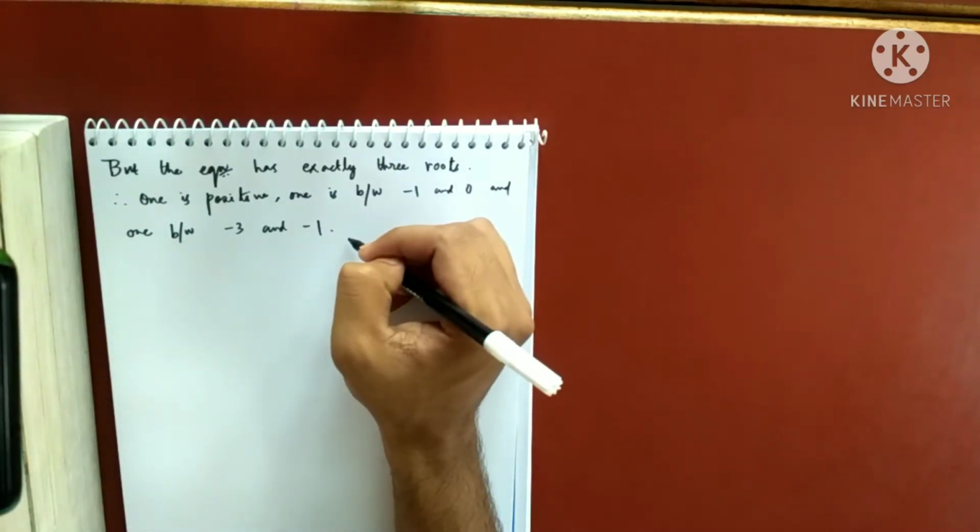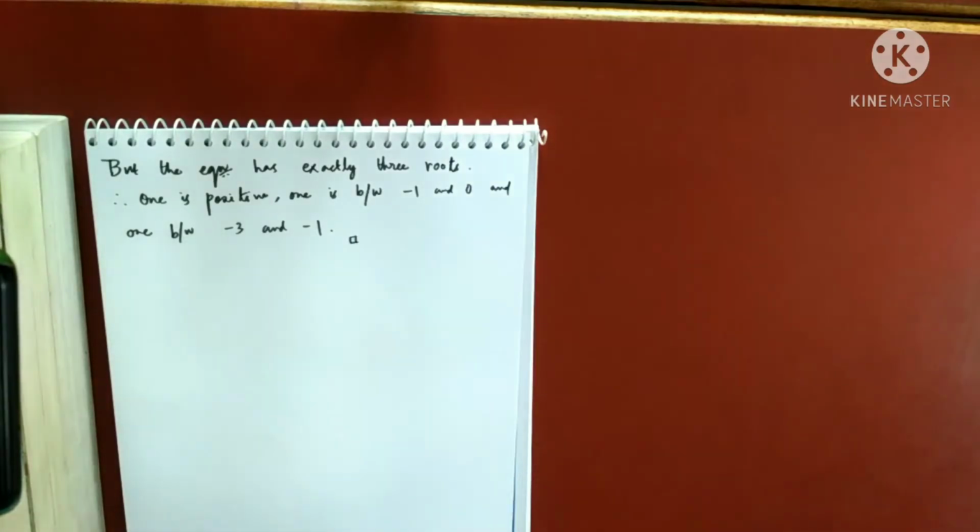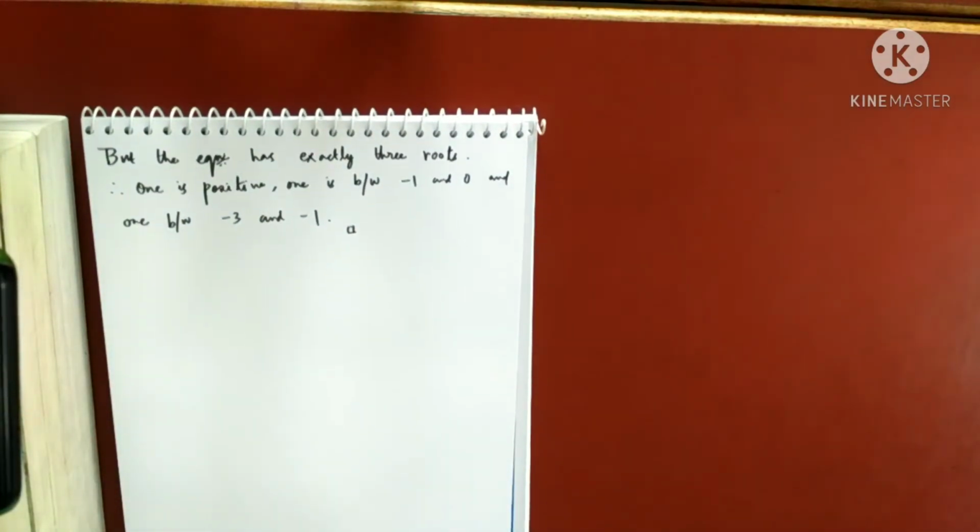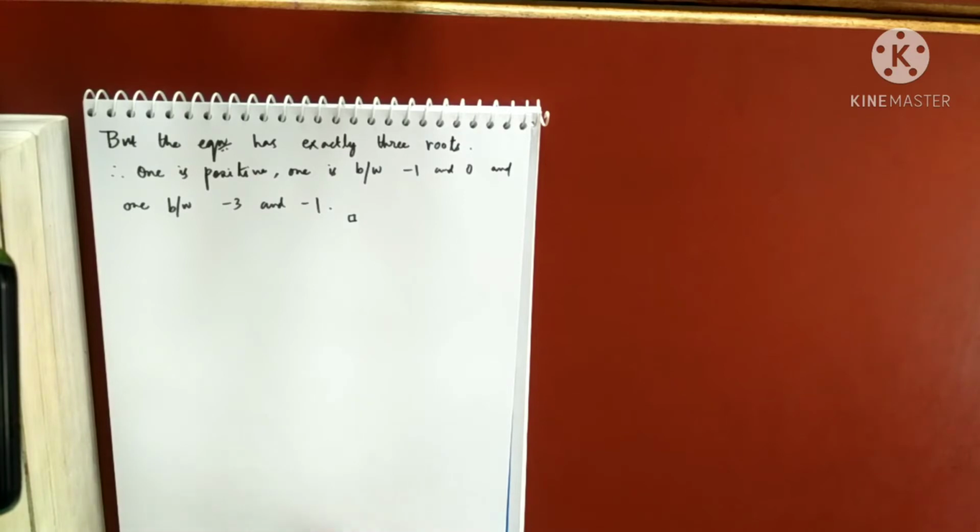So I have proved that there are 3 roots for this equation. Okay, so we are basically doing the nature of roots. We are identifying the roots. We are not exactly telling the root, but I can give a guess where the root will lie.